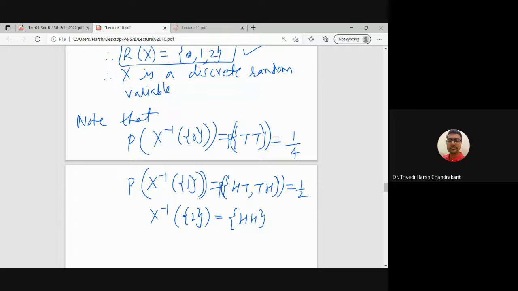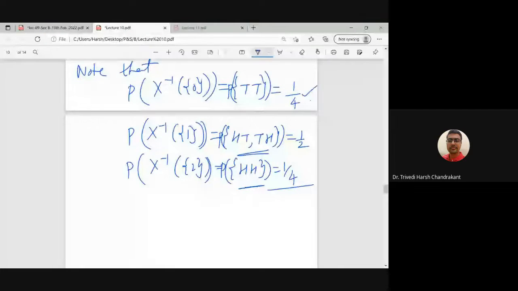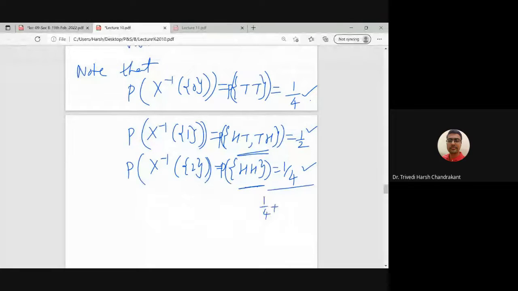Similarly, probability of this is 1 by 4. I made a mistake, because only one element is there here; for the middle we have 2 elements. So what is the total? 1 by 4 plus 1 by 2 plus 1 by 4. That is 1.